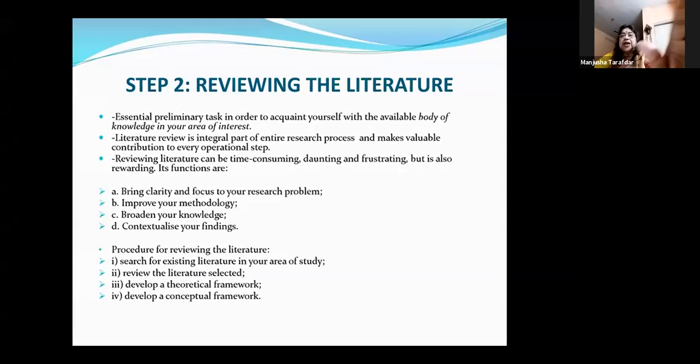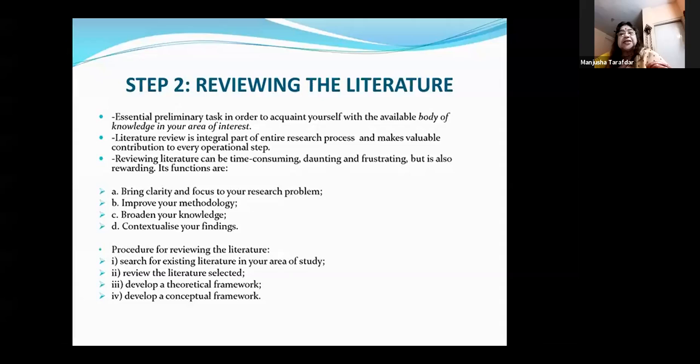In order to review the literature, you have to find out different journals and other sources. You can find all these things.